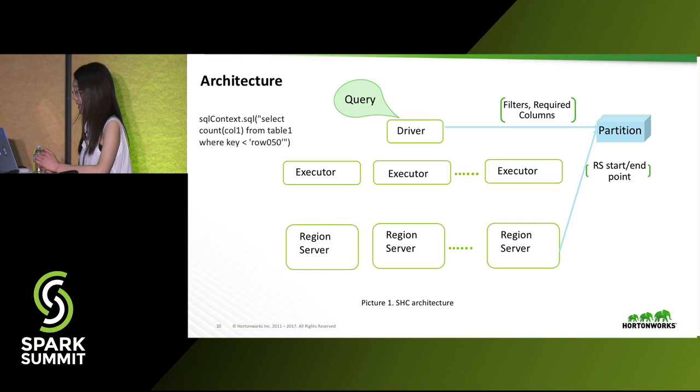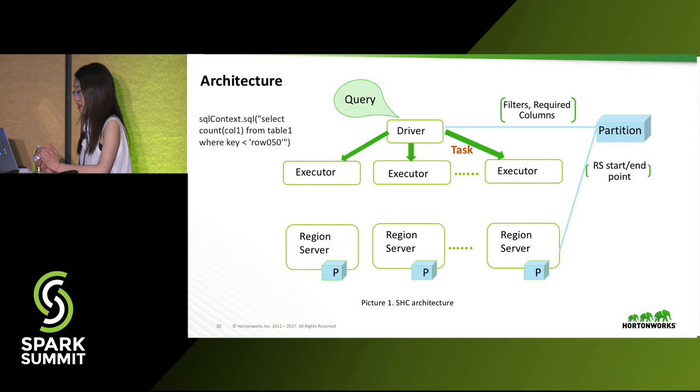And SHC makes one partition correspond to one region server. The driver aggregates scans and gets based on the region's metadata and generates one task per region server. If a region server doesn't hold the required data, that region server is not assigned any task. Actually, this is partition pruning.